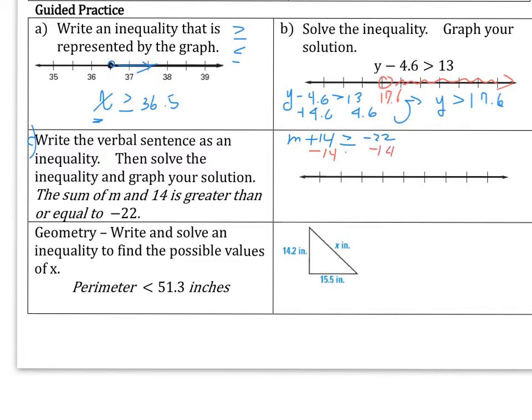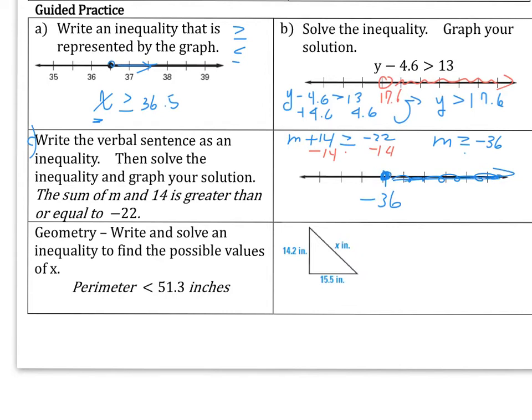Okay, so m will be greater than or equal to negative 36. Now I'm just going to pick a point on the number line and draw a closed circle because of this greater than or equal sign, and say this is the point negative 36. And since m is greater than or equal to negative 36, I need to draw the arrow towards the right.